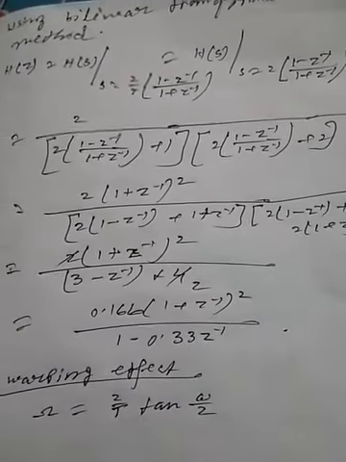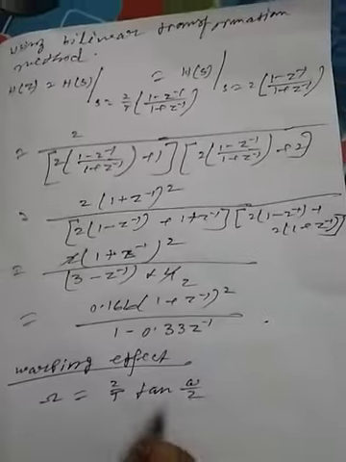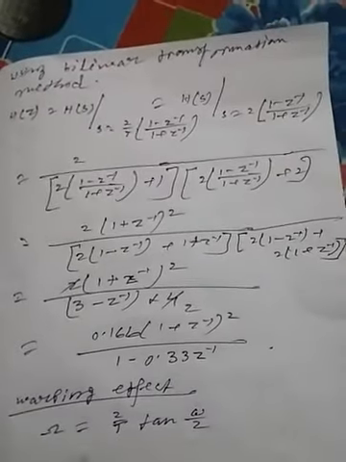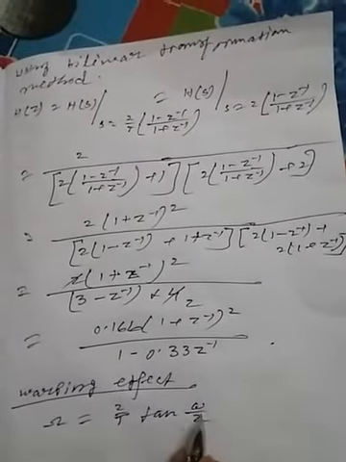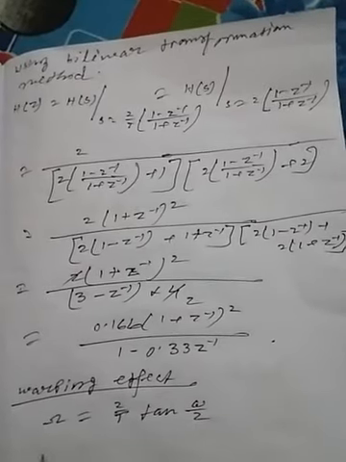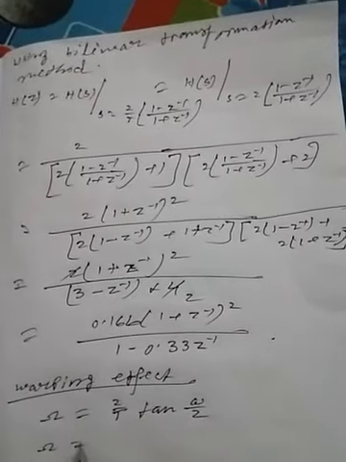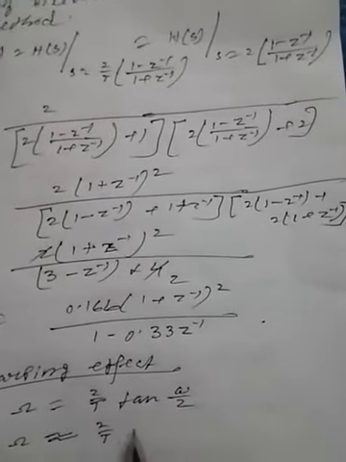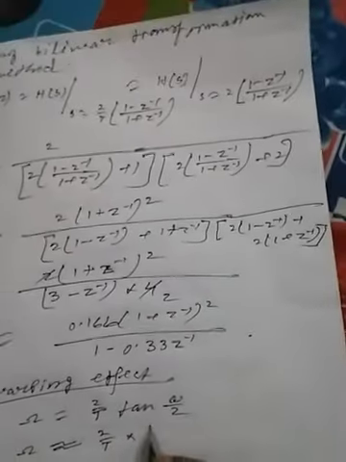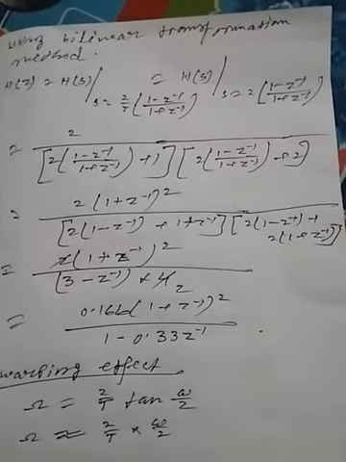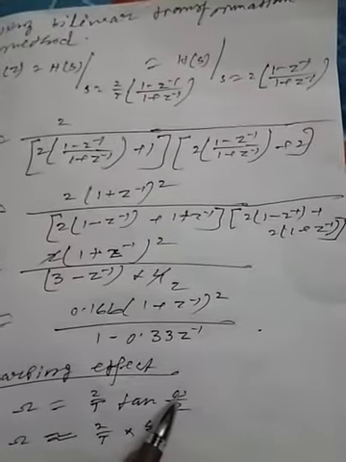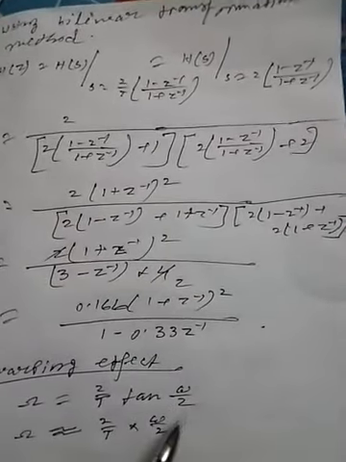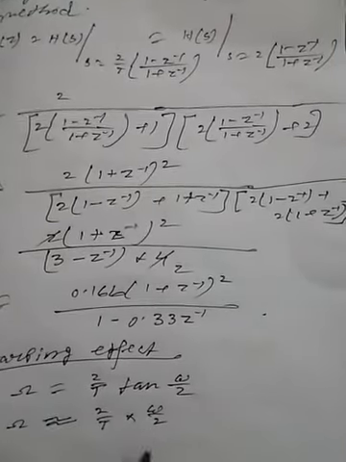Now for small values of small omega, capital omega will be nearly equal to 2 by T into small omega by 2, because for small values of omega, tan omega by 2 is nearly equal to omega by 2.